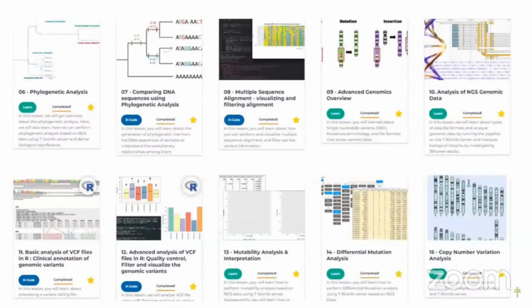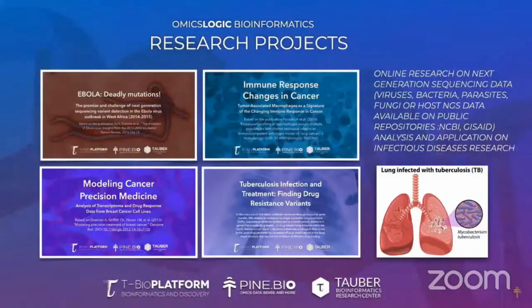Some of these will be covered in future lectures, but do not worry about completing them for now. At the end, you will also find examples that I already mentioned. These examples include projects like Ebola, immune response changes in cancer, modeling cancer precision medicine, or tuberculosis infection and treatment, finding drug resistance variants.